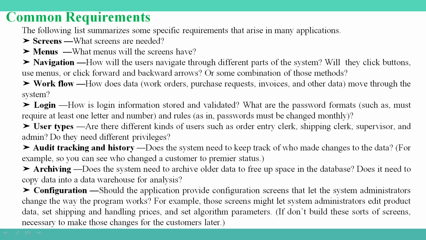These are the common requirements that we have to look into when you are designing or getting requirements from a system. One is the different types of screens to be used, different menus, how it can be navigated, different workflows required.